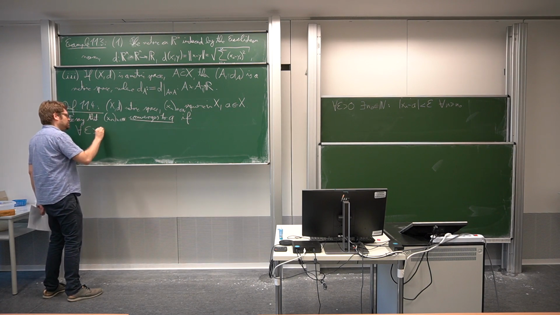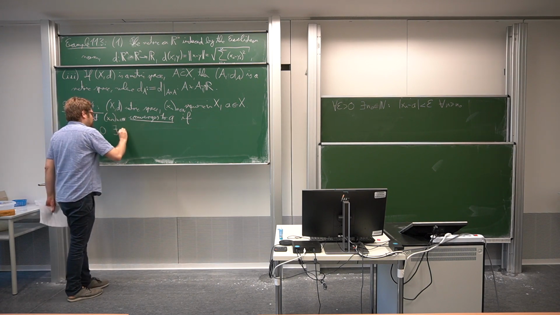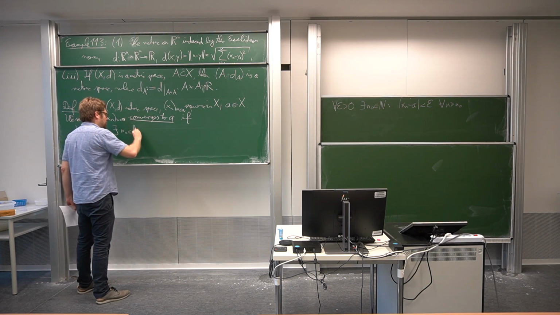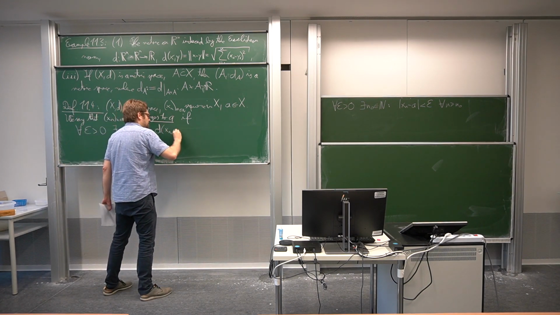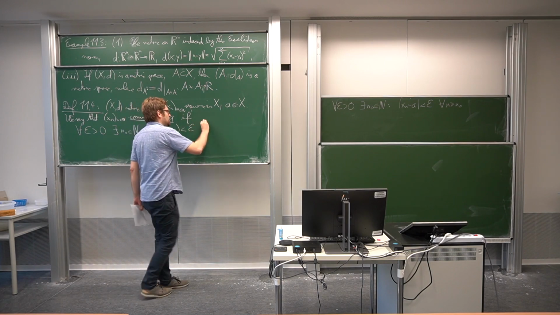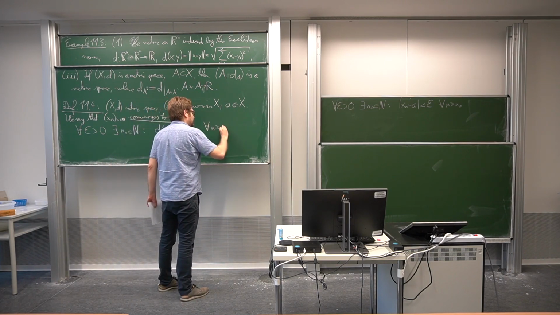For all epsilon bigger than 0, there exists some n0 in N such that the distance of xn and a is smaller than epsilon for all n bigger than n0.